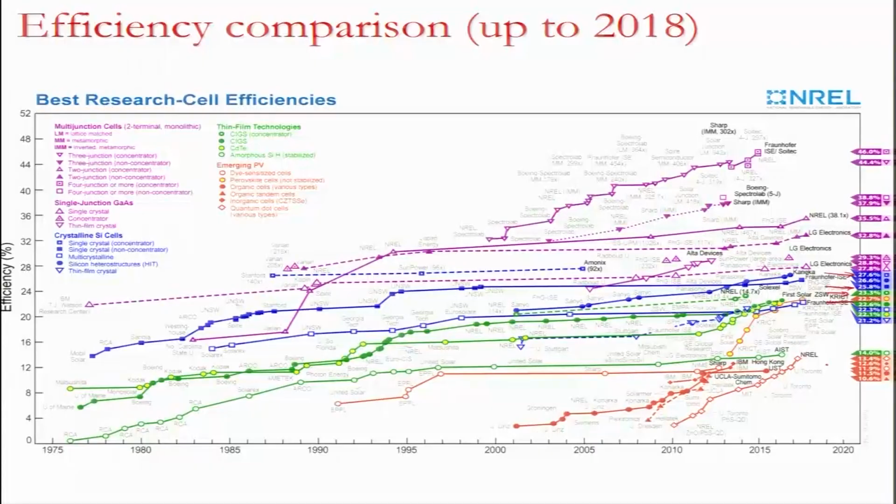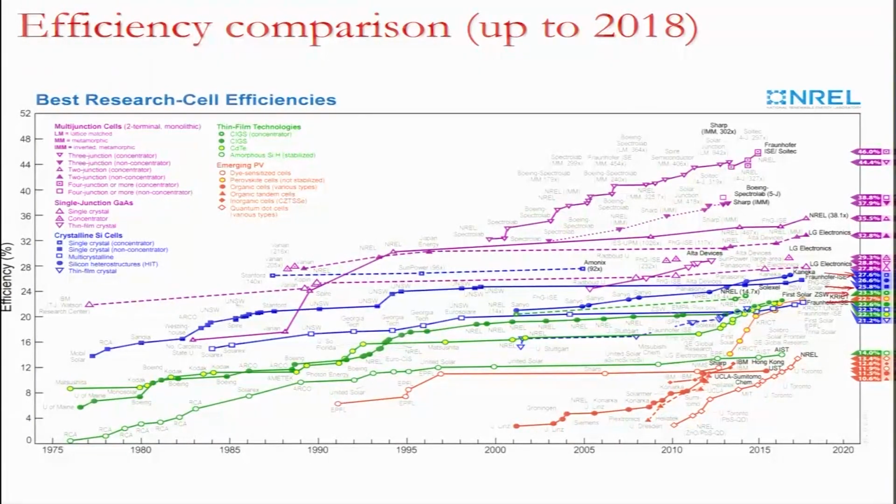Then we have inorganic CZTS, copper zinc tin selenide, which is again a new PV technology, about 12.6%, a very promising one. Then we have organics in the red dots, at 11.5. Right now it is about 13-14%, the world record. So there are various technologies, and you can see on top of the chart we have these multi-junction technologies, which include more than one material.